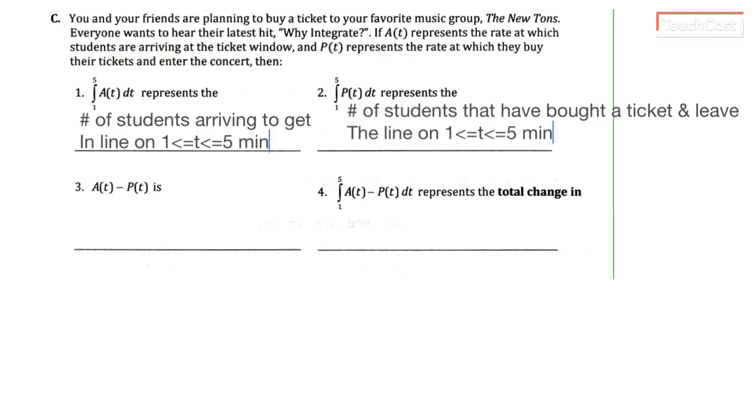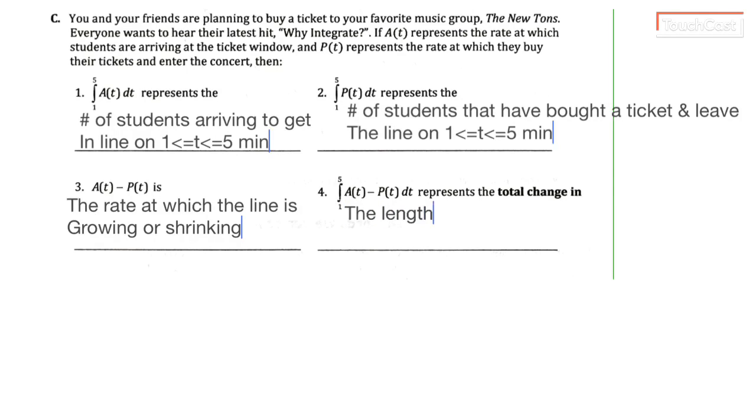Now A of t minus P of t represents the rate at which the line is growing or shrinking, which means that the integral from 1 to 5 of A of t minus P of t with respect to t represents the total change in the length of the line in students on the interval 1 to 5 minutes.